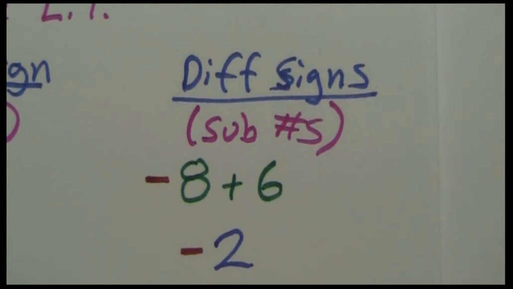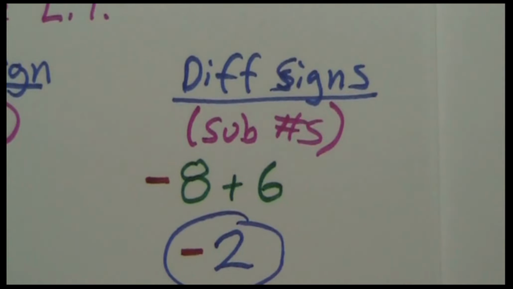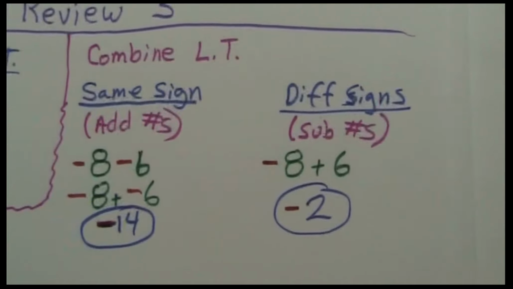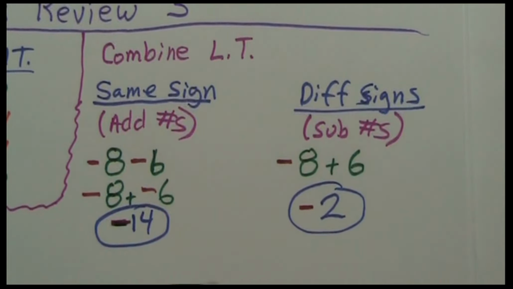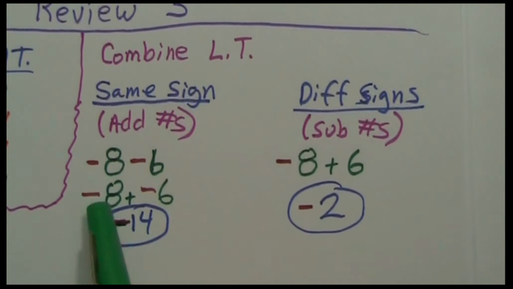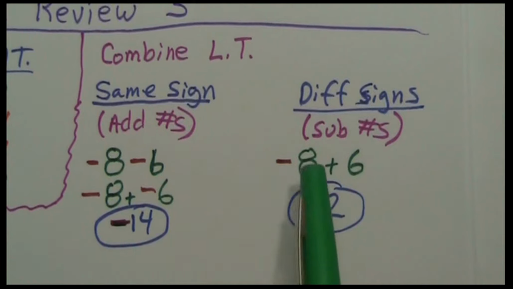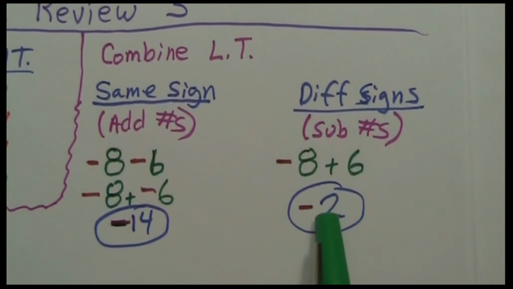And that is your answer: negative 2. So you want to think hot and cold. You have 8 cold, 6 cold, that's 14 cold. You have 8 cold, 6 hot, that's going to give you 2 cold. There's still a lot of cold.